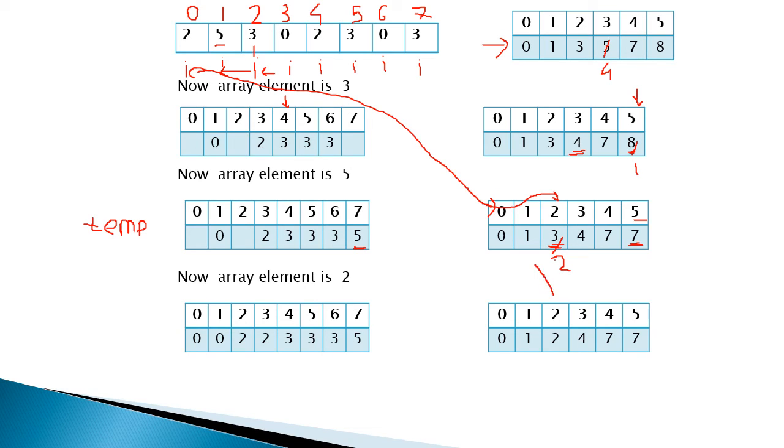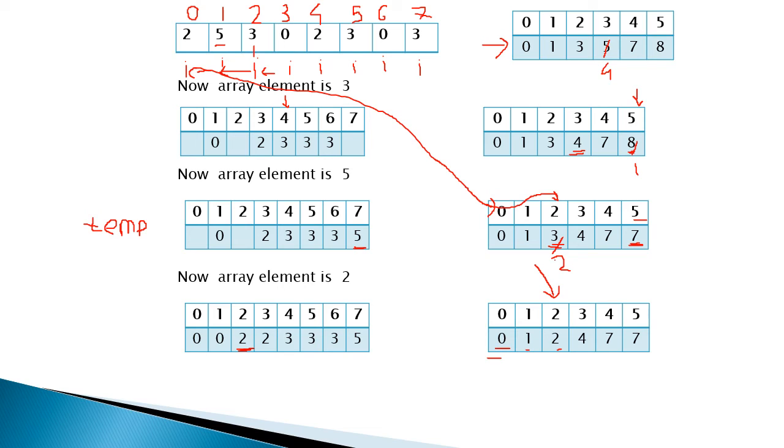Then we get our updated count array like this, 0 1 2. Then store that 2 value on index 2. Okay, means here we get in this updated array 0, then 1, then 2 4 7 7.